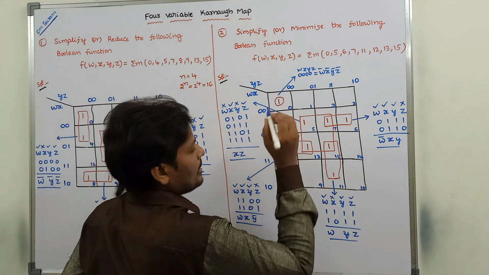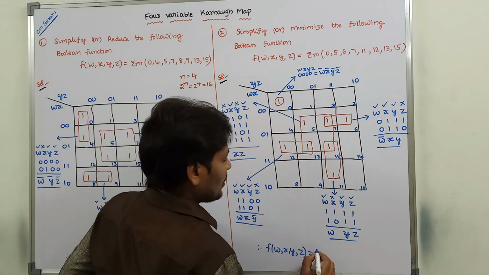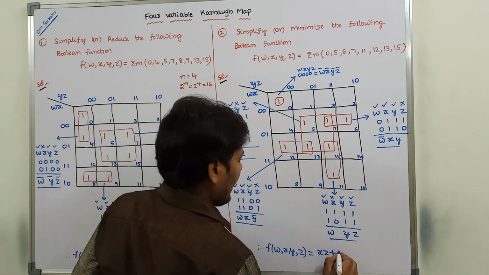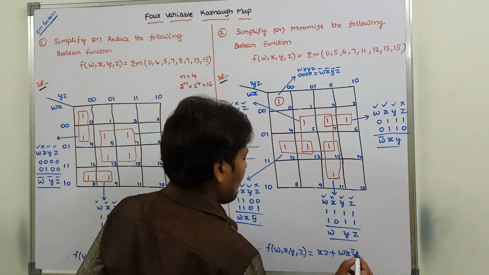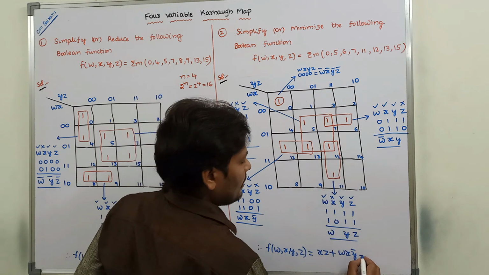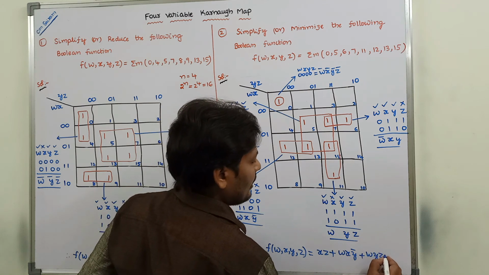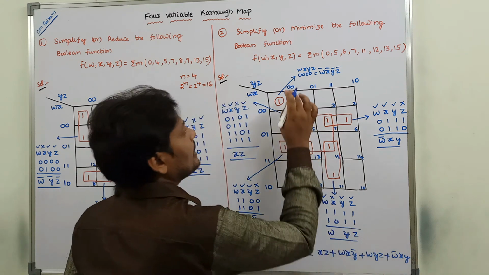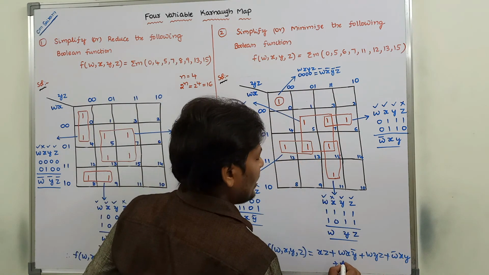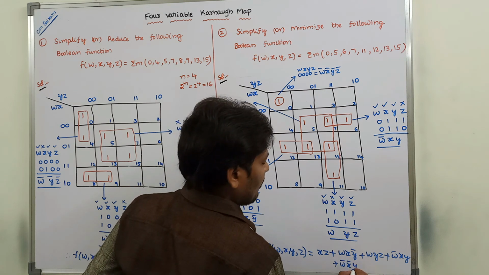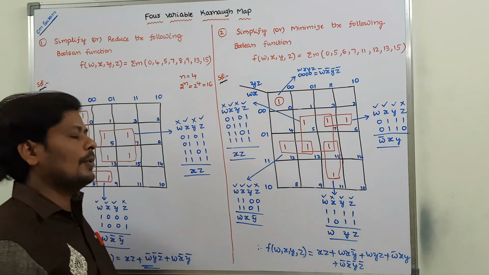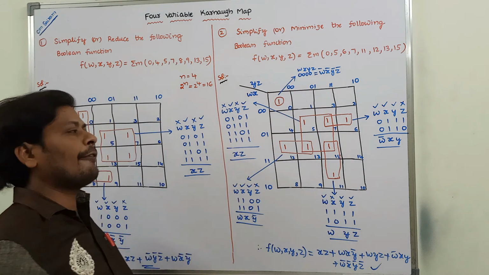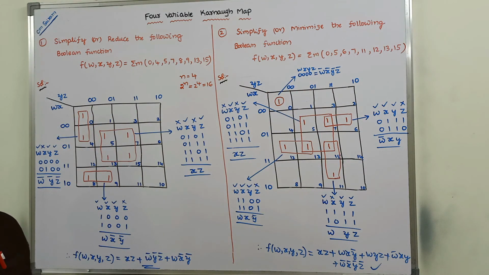So the first quad gives X Z, plus this pair W X Y bar, next pair W Y Z, next pair W bar X Y, and the singleton W bar X bar Y bar Z bar. This is the expression we get after simplifying this Boolean function using the 4 variable Karnaugh map.